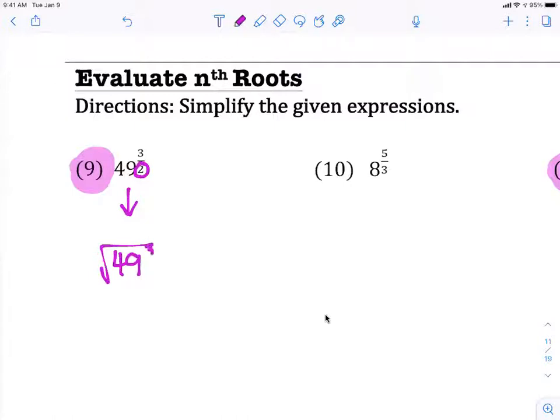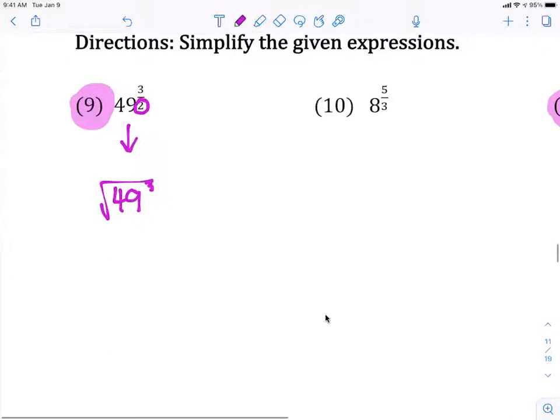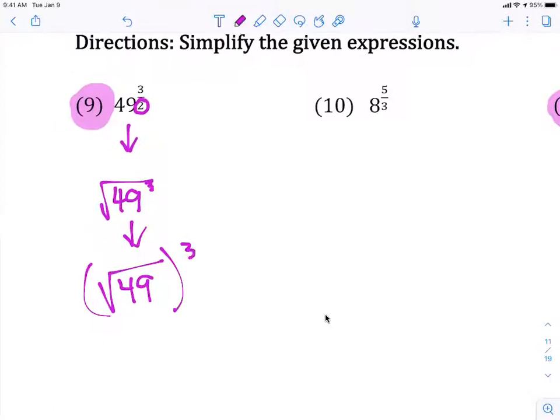And then we're going to take that 3 and put it there. Now, when I know the square root of 49, remember you can always write it like this as well. And you can really choose to do either method first. You could either choose to raise that number to the power first, or you can take whatever the root is first.